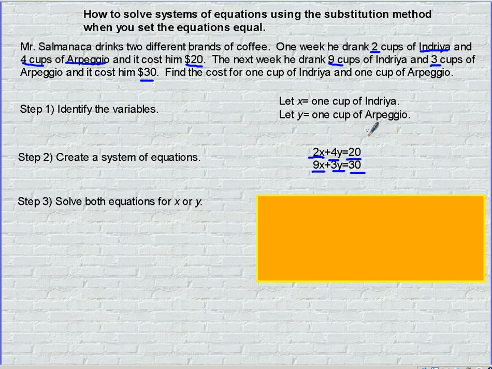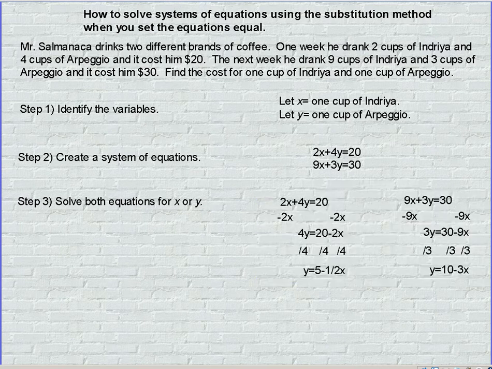Now, we need to solve both equations for x or y. Let's try solving for y. That's going to give us the following. Solving for y in the first equation gives us y equals 5 minus 1/2 x.